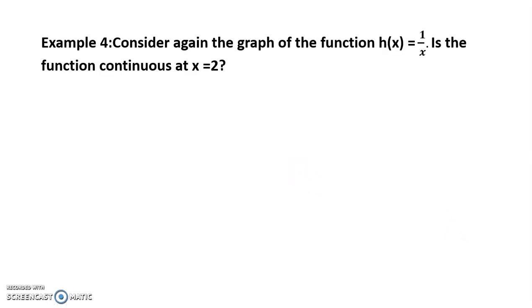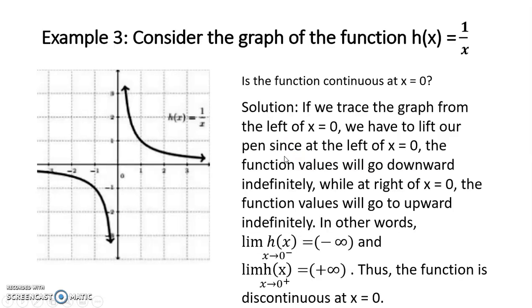Example number 4. Consider again the graph of the function h of x is 1 over x. Is the function continuous at x equals 2? So, balikan natin yung graph. Ito yung graph ng 1 over x. H of x is 1 over x.